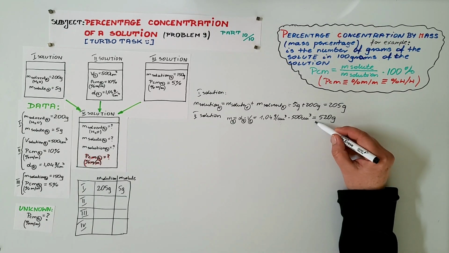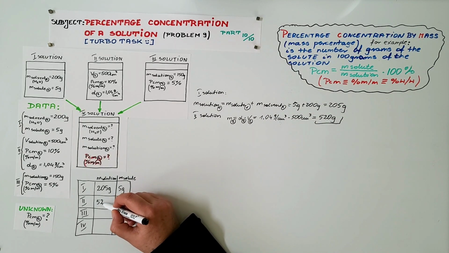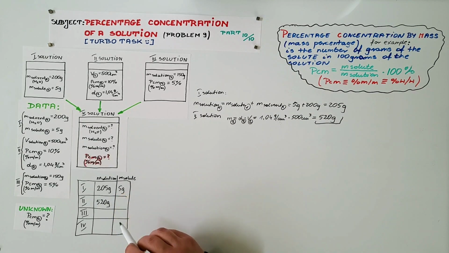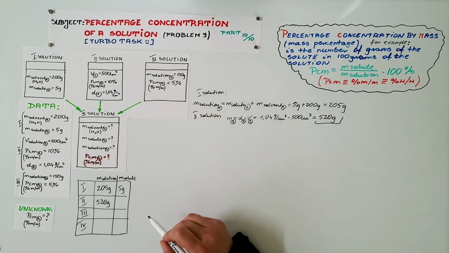So now we know the mass of solution 2, 520 grams. We need the mass of solute in the second solution.